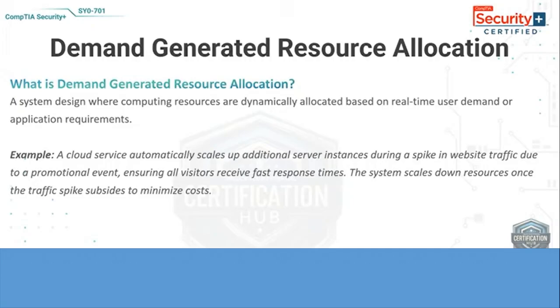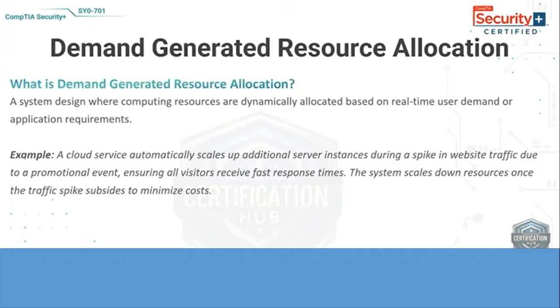Like in some cloud services, a cloud service automatically scales up additional server instances during a spike of website traffic. If the traffic on your website increases, then it will scale up your server.